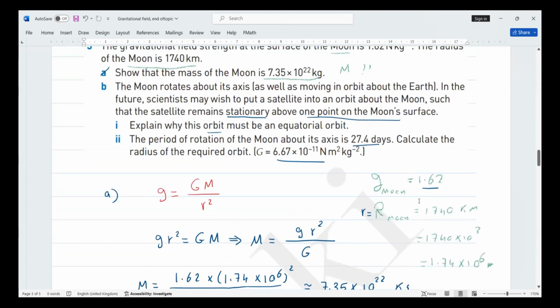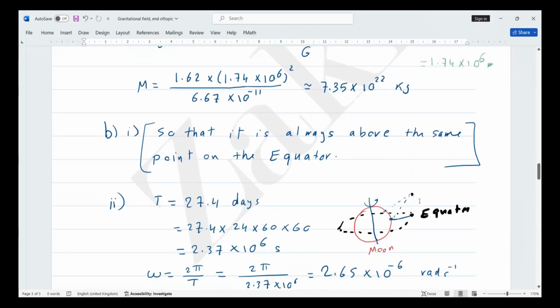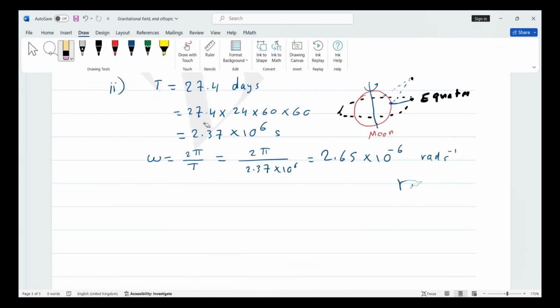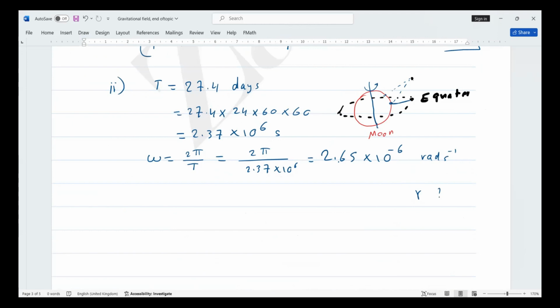What is the question here? It says calculate the radius of the orbit. Now we need r, the radius of the orbit. So we need r small. Now, how can we get the radius of the orbit?